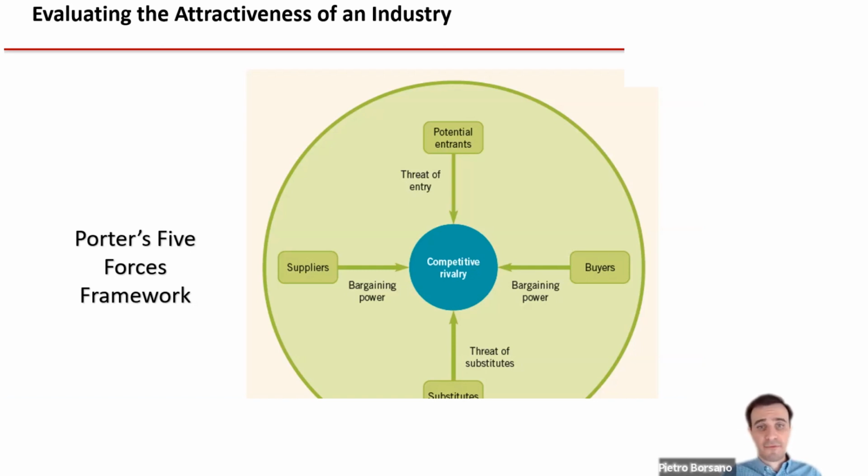The force coming from the suppliers: what is the power of a supplier? The force coming from the buyers: what is the power of the buyers? The threat of new entrants. Of course, if it's easy to enter an industry, many new companies can enter, and that will make it more difficult for us to hold our position and to exploit the profitability of the industry. And the other one is the threat of substitute products. All of these lead to the level of competition, this concept of competitive rivalry within an industry.